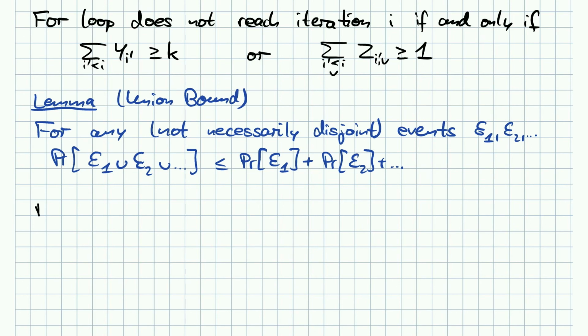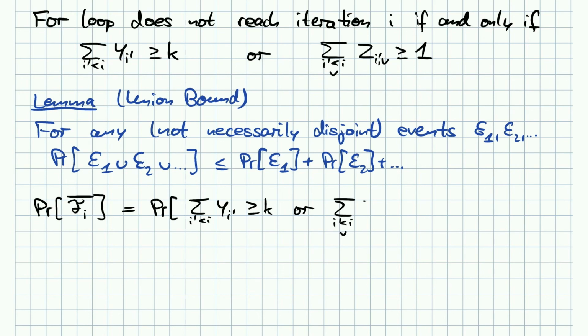So this tells us now that the probability that Fi is not happening, so the complement of Fi, is exactly the probability that the sum of the yi prime is at least k, or the event that these zi prime are at least 1, and this we can upper bound by just the sum of these probabilities.